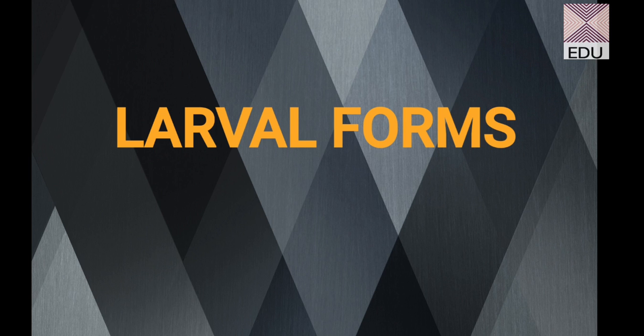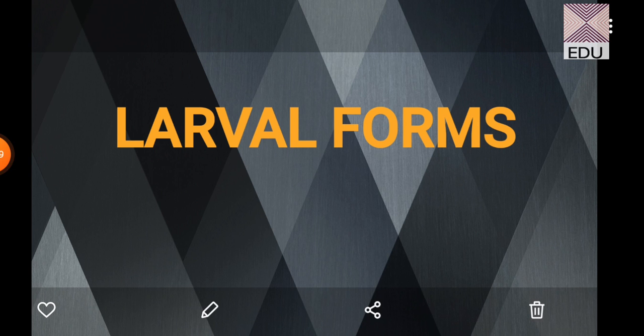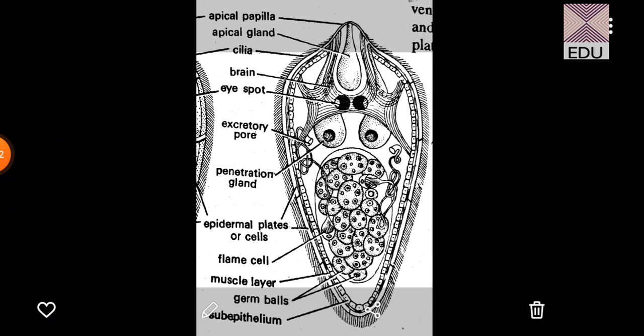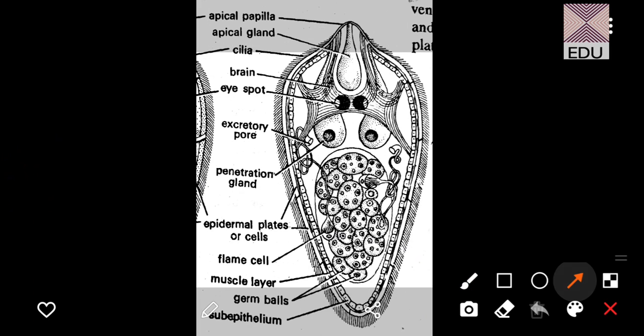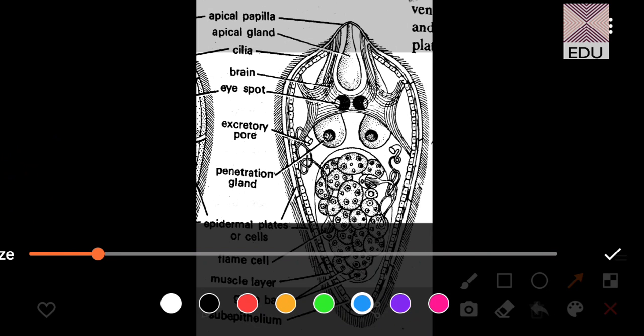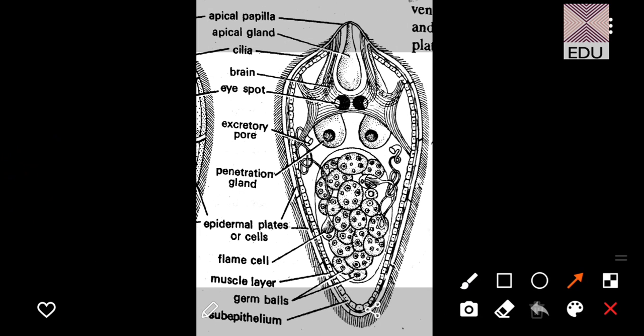Now this capsule has a cap, and whenever the cap opens, the first larval form, the miracidium, comes out. Now if we consider the structure of one miracidium, it is just like this. So students, I have told you in the previous lecture that the miracidium has 4 major things which are very important in this particular larva.